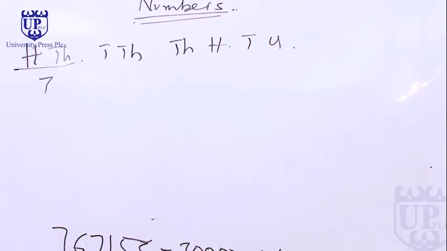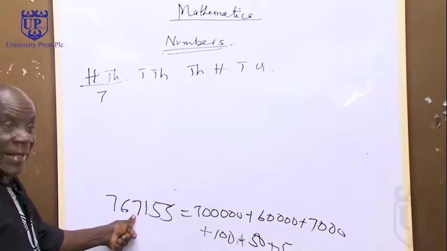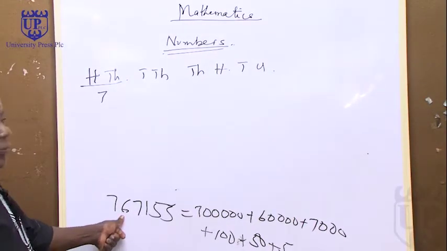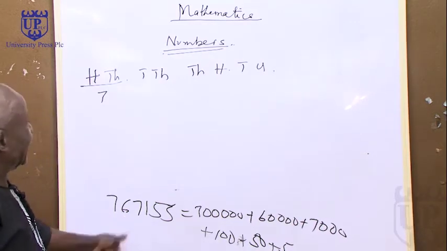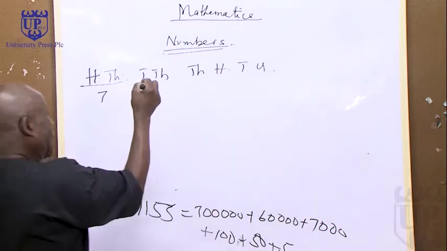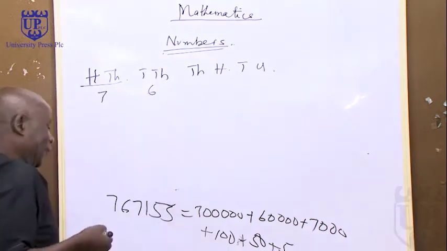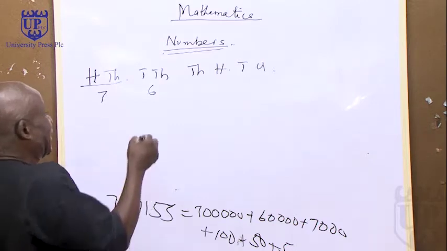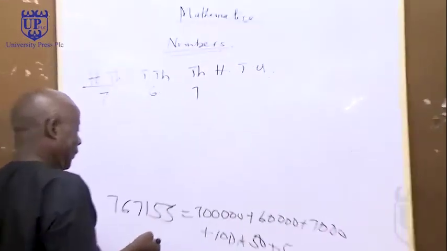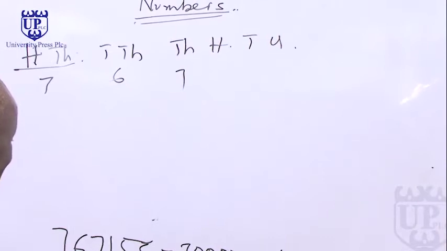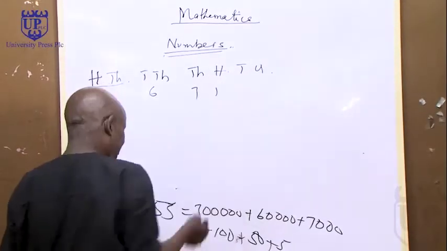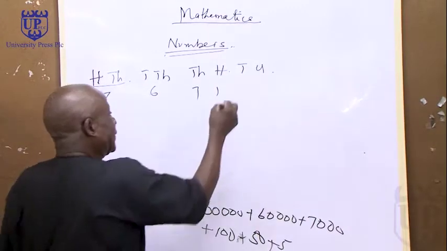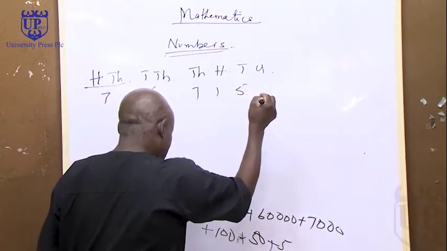Now tens of thousands, 60, 6 times 10, 60. We have 6 under tens of thousands, then 7 under thousands. Now under hundreds we have 1. Under tens we have 5 tens. Then under units we have 5.